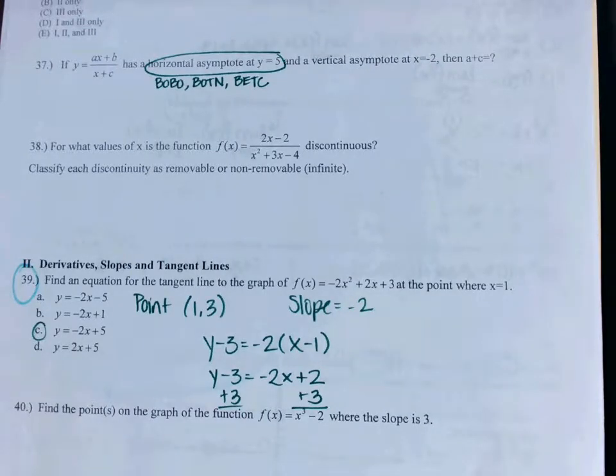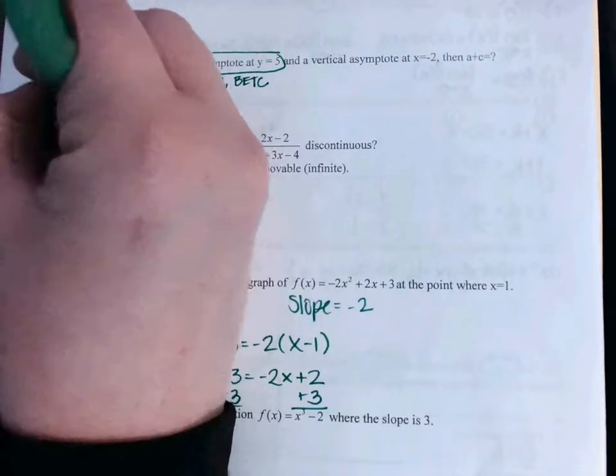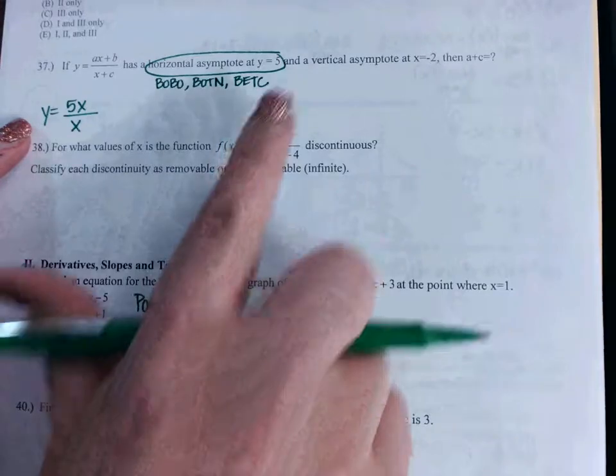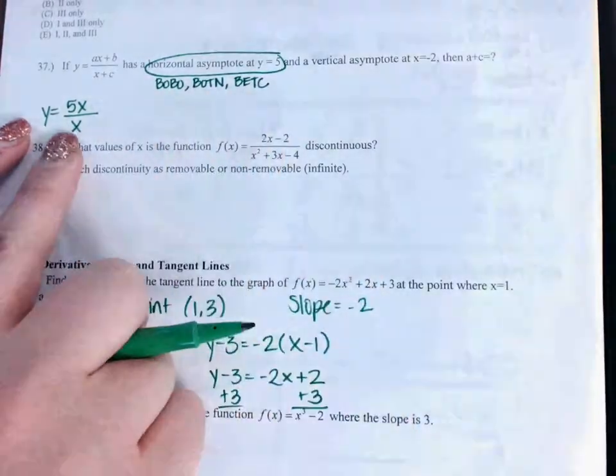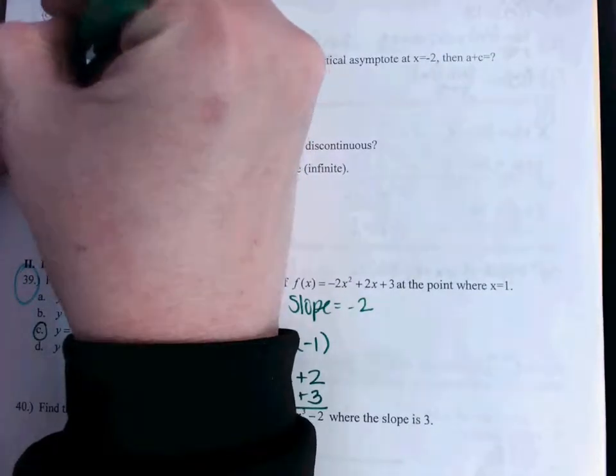So if I want my asymptote to be 5, look at your equation. Which letter is that going to tell me? A. It would have to be y equals 5x over x, right? Because if I want it to come out to be 5, that would be the numbers in the front, right?